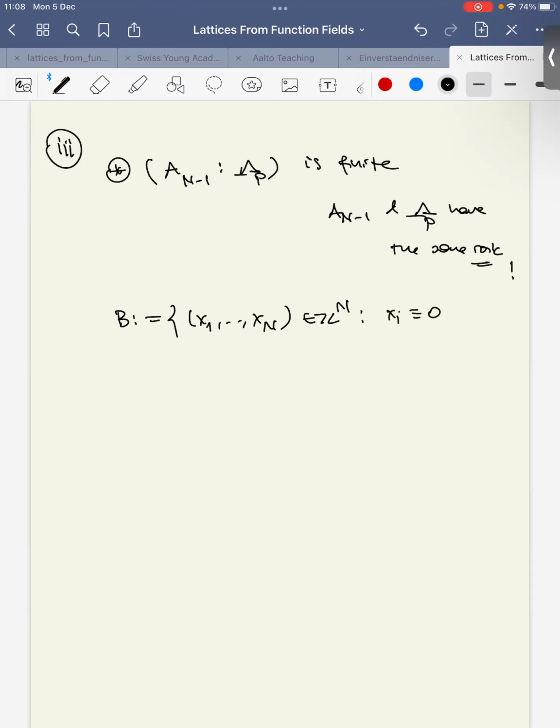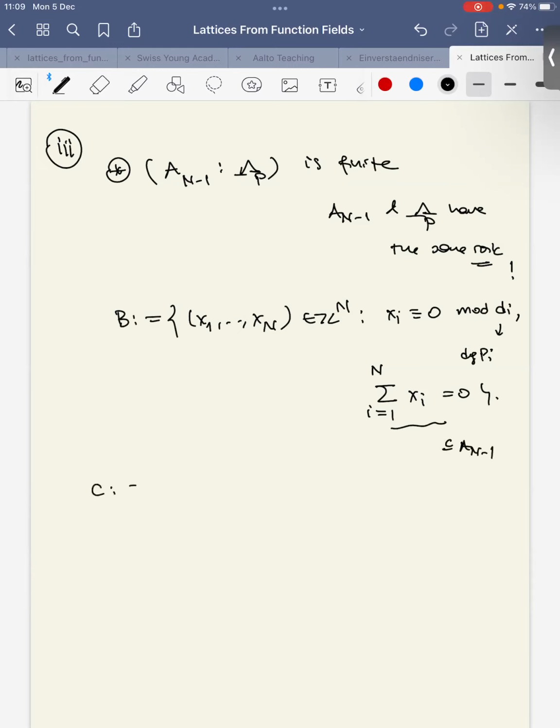For the first lattice, we have the property that each coordinate is 0 modulo d_i, where d_i denotes the degree of P_i, and the sum of the coordinates is 0. Because of this property, we can see that B is a sublattice of A_{n-1}.